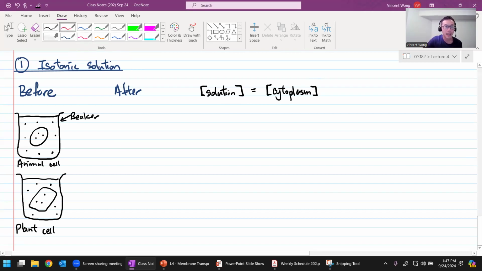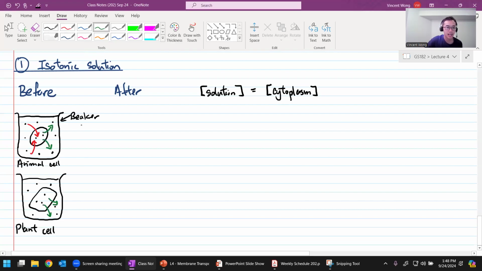So what do you expect to happen? Well, even with the same concentration, there will be movement of water. However, the amount of water that's coming into the cell is going to equal the amount of water that's leaving the cell.